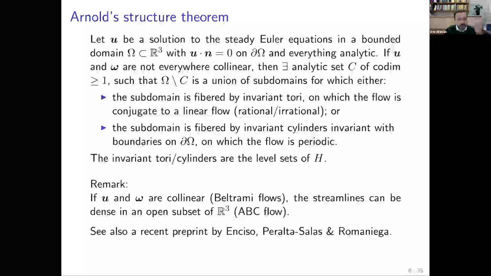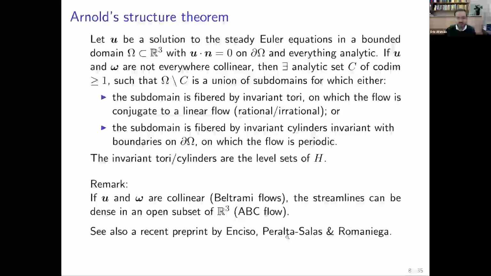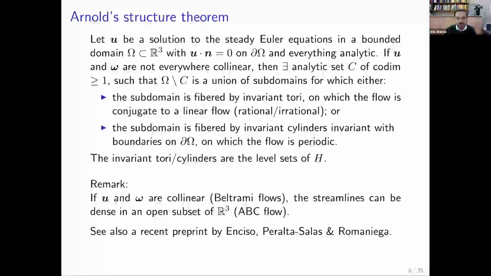There is also a very interesting recent preprint by the Spanish group where they prove that this sort of chaotic behavior is generically true for Beltrami flows. Okay, so this means that there is a very special structure of solutions to the steady Euler equations.